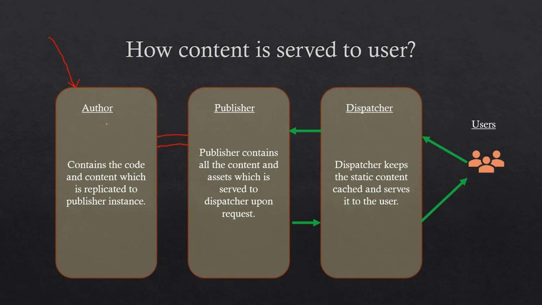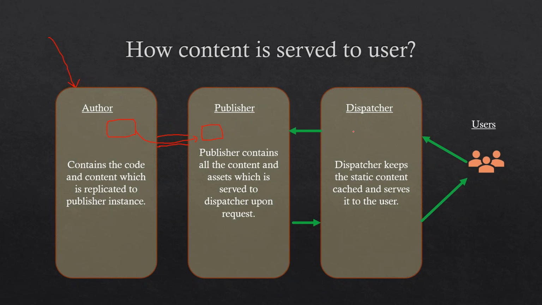Whatever packages or content you install in your author, the same content would be pushed with the help of replication agents to your publisher. There's no manual intervention. Whatever you install in author, on a single click, it can be pushed to publisher, and both are connected with the help of replication agents.